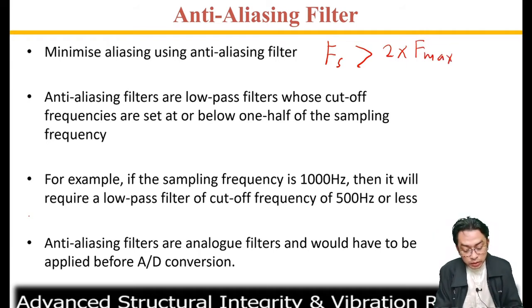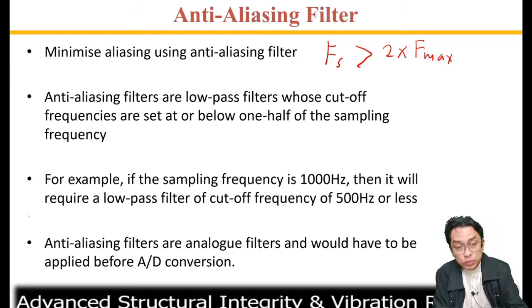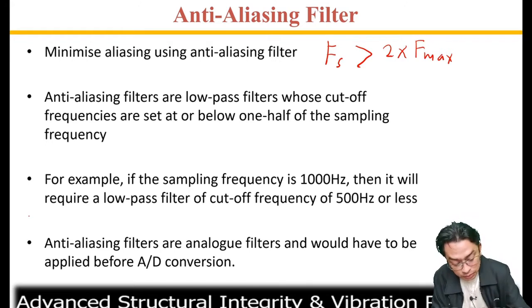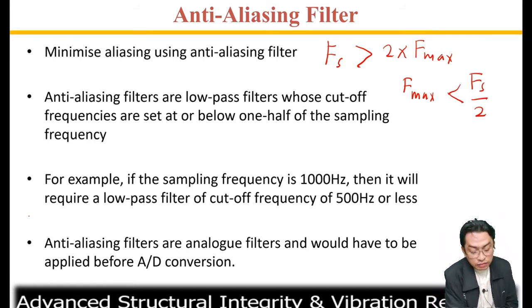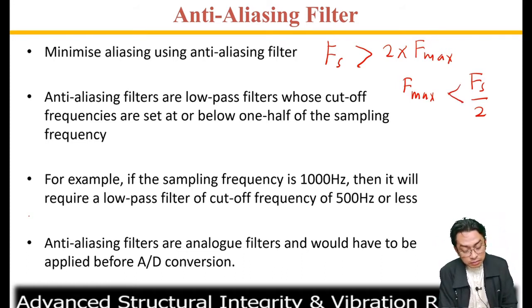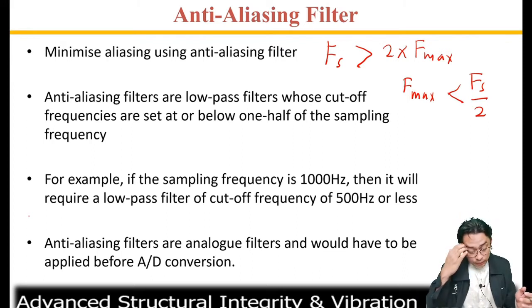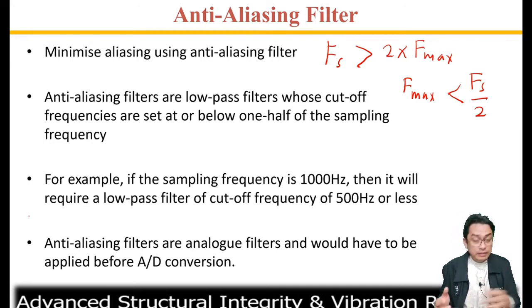So we need to make sure that the frequency coming in must be lower than half of the sampling frequency. If we have a sampling frequency of 1000 Hz, we need to cut the frequency so that it is 500 Hz and less.